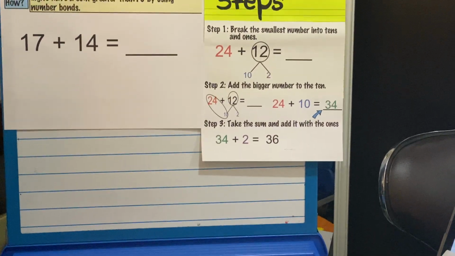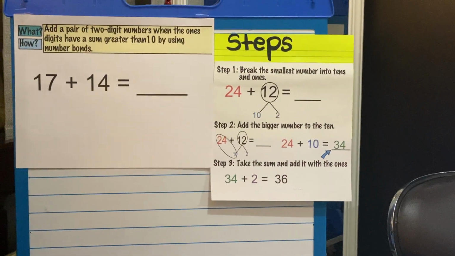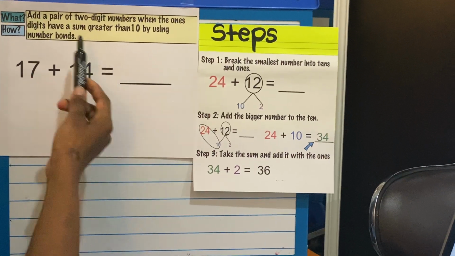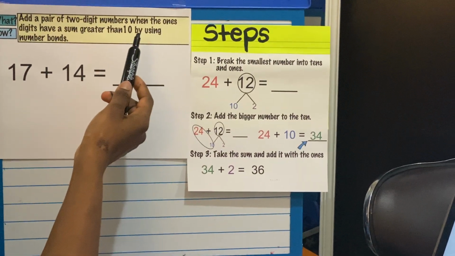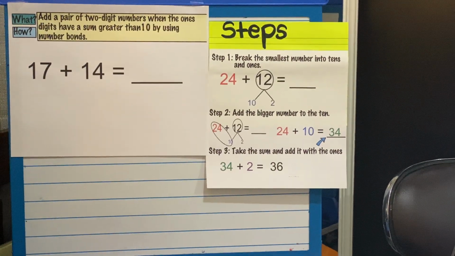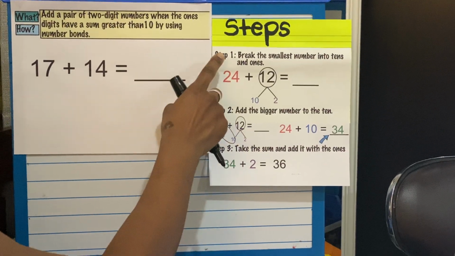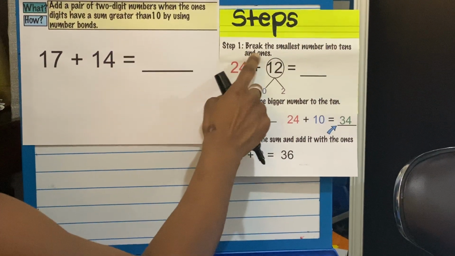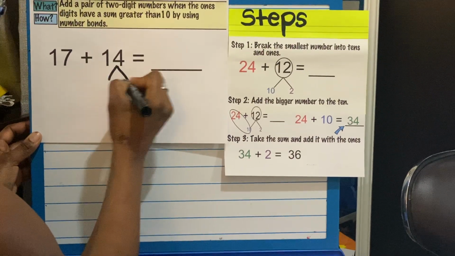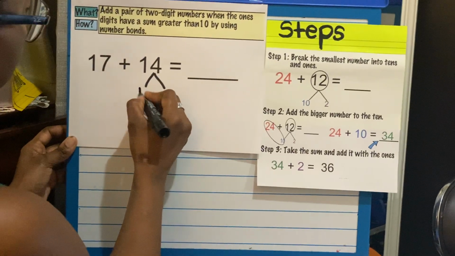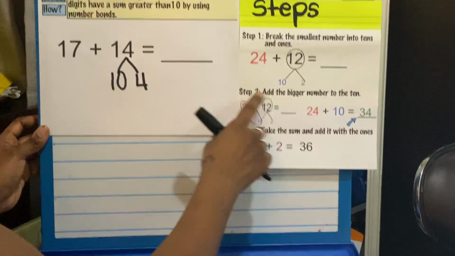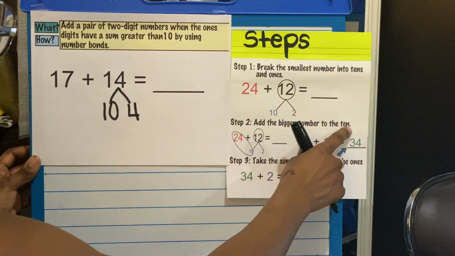So let's quickly represent it with the number bond. So let's follow the steps for adding 2-digit numbers when the ones digits have a sum greater than 10 by using number bonds. First, I'm going to break the smallest number into 10s and 1s. In this case, I'm breaking the 14. So I'm going to break it into 10 and 4. Step 2, I'm going to add the bigger number to the 10.